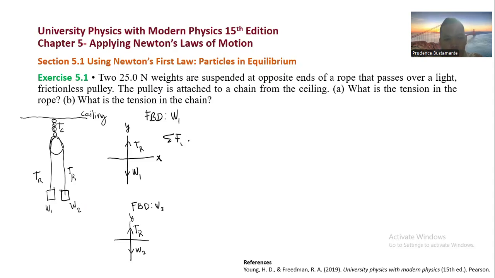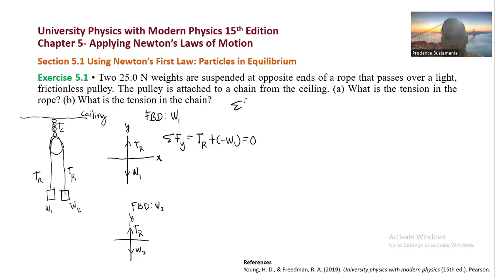Summation of all the forces along y is equal to, what are the forces? We have upward the tension R, plus the negative of the weight one because it is downward. Since this is an equilibrium problem, we use Newton's first law. This is equal to 0.